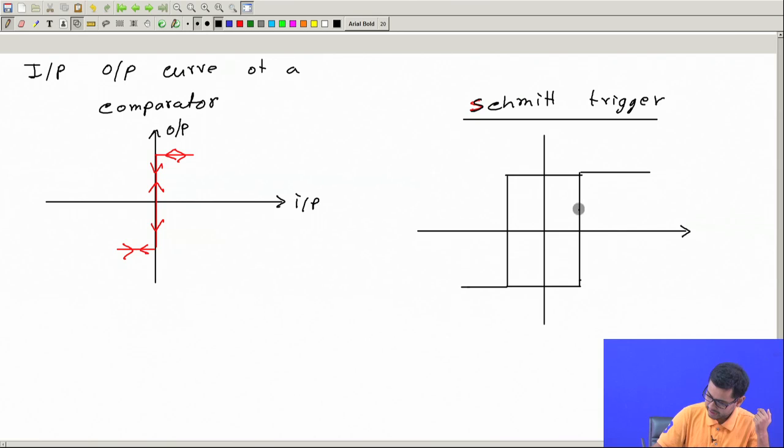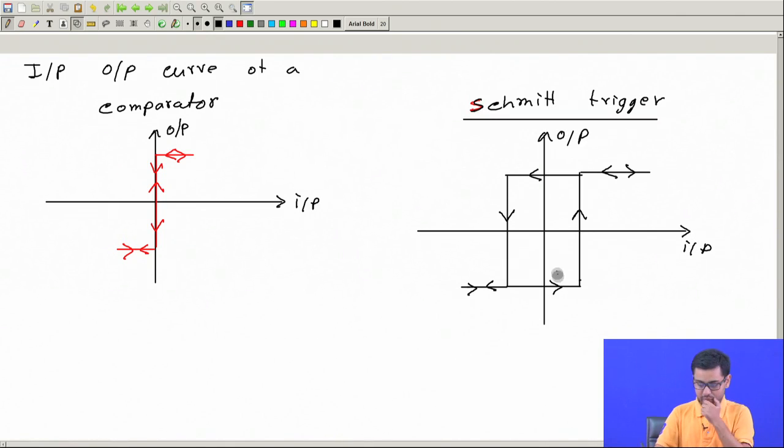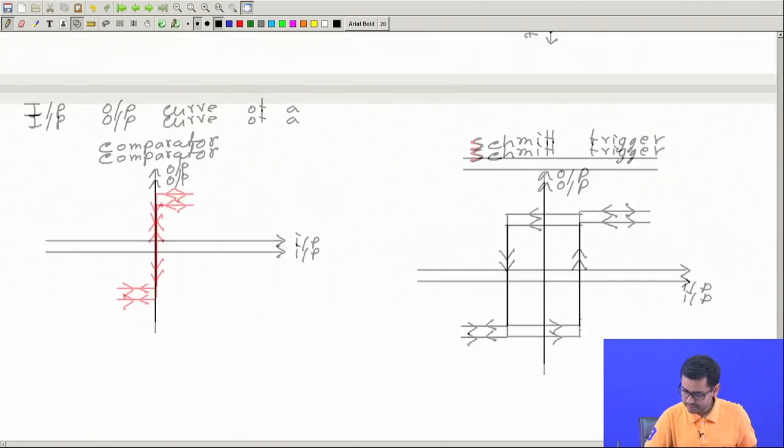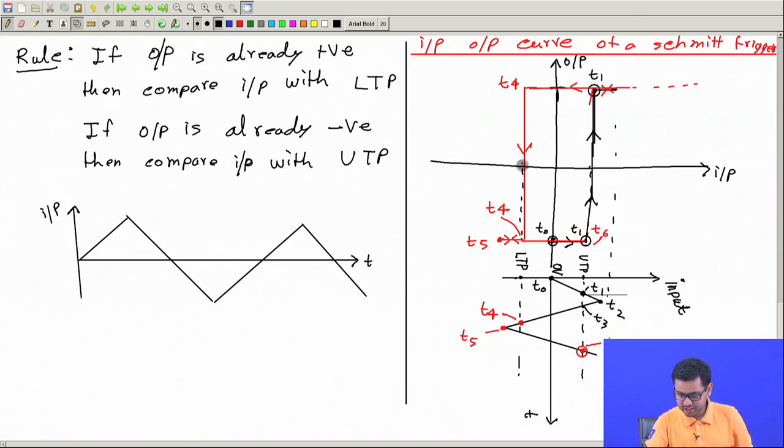Okay, and let me put arrows. So you observe, what is this point here?